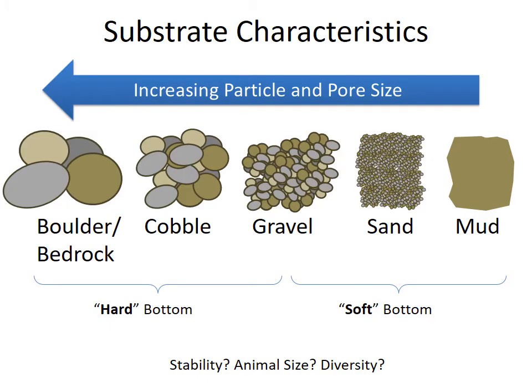So if you want to classify the type of bottom, one of the ways that you can do it is by how big the grains of sediment are. At the very small end, you've got mud and silt, and then with larger grains, that would be sand, larger still, gravel, even bigger than that, cobble. You've probably heard of cobblestones.